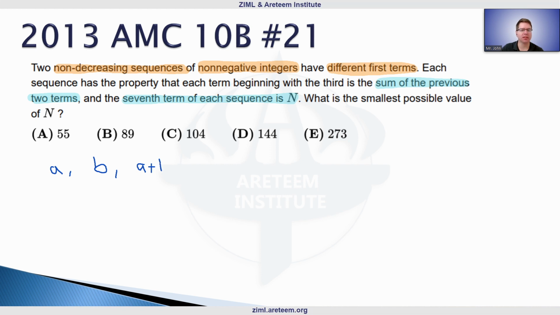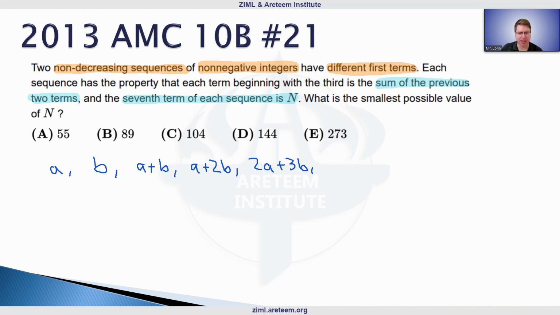Now I want us to start looking for patterns as we continue. B plus A plus B: now we still have one A, but now we have two B's. Then A plus B plus A plus 2B: now we have two A's and three B's. Notice this is reminding us a little bit of Fibonacci, 1, 1, 2, 3, 5.